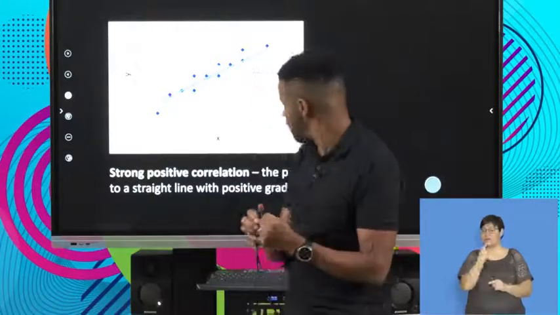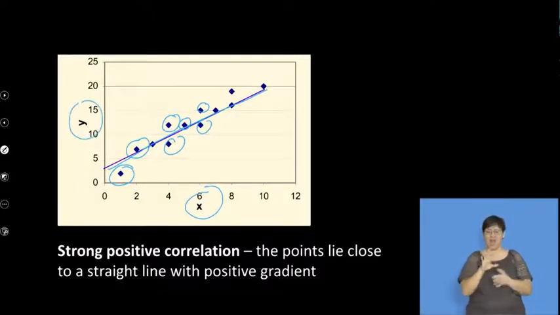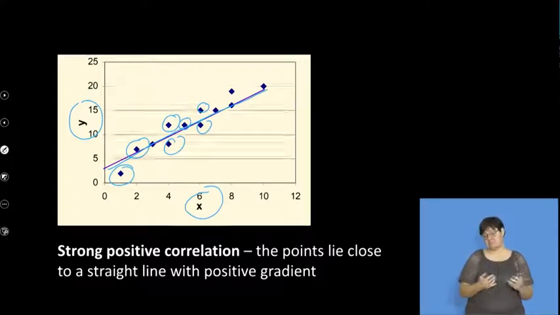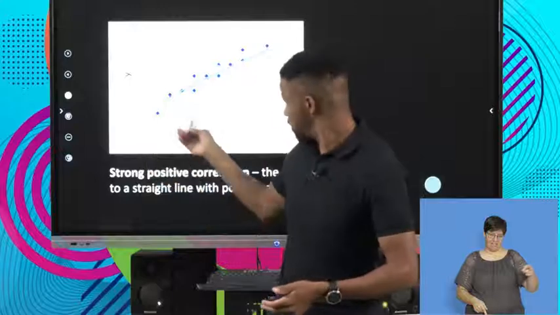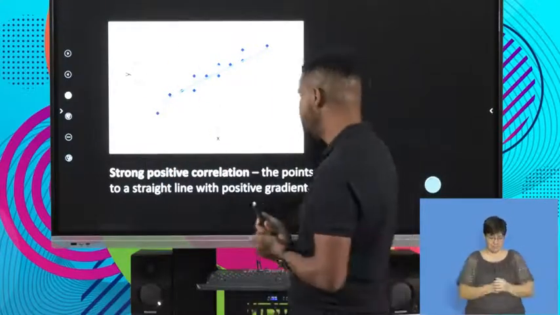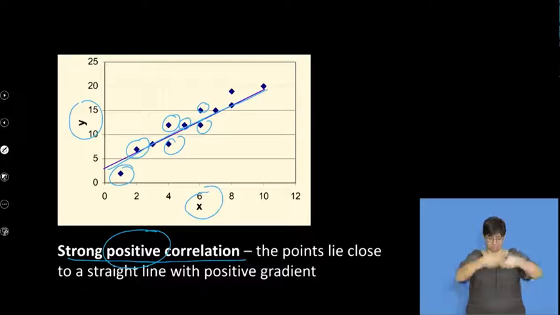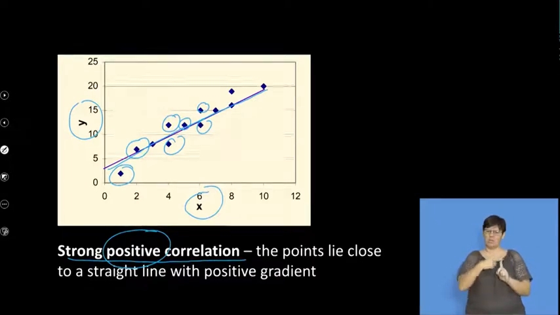So we say now there's a strong association between the x and y. And remember, x could be anything. It could be petrol price, and this could be the oil price. This is the independent variable, and that is our dependent variable. Strong positive, and very important, why do we say positive correlation? It's a strong positive correlation. Okay, I'll come back to that.